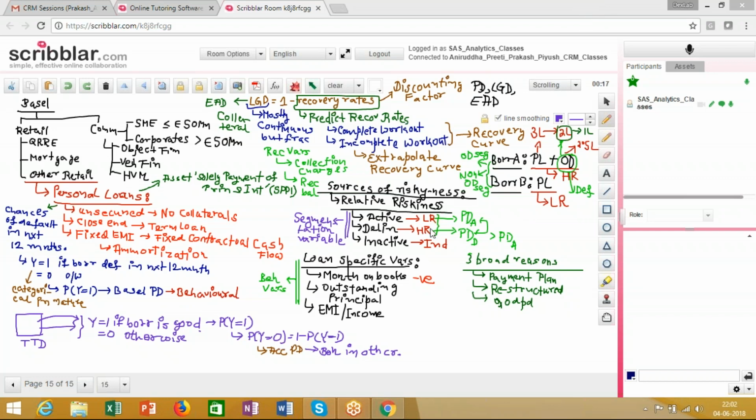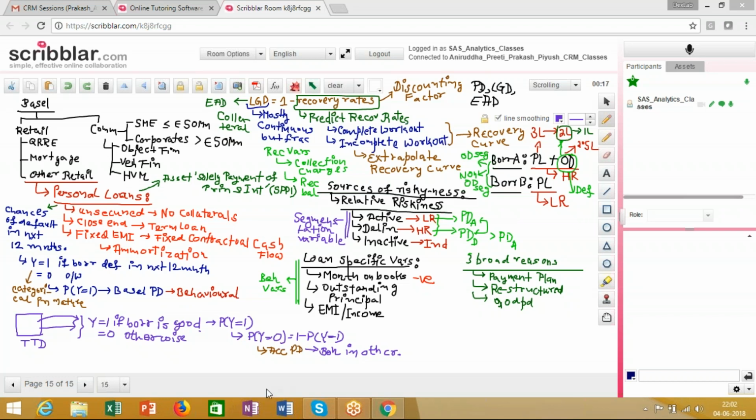Great. Now coming to the behavior PD. When I talk about the behavior scorecard, or when I say that PD is a behavioral model, it means that, suppose I'm modeling the probability of a borrower to default for the auto loans portfolio. So what would happen for this borrower is the following. This guy has taken the auto loan and he misses out on a payment of the auto loan.